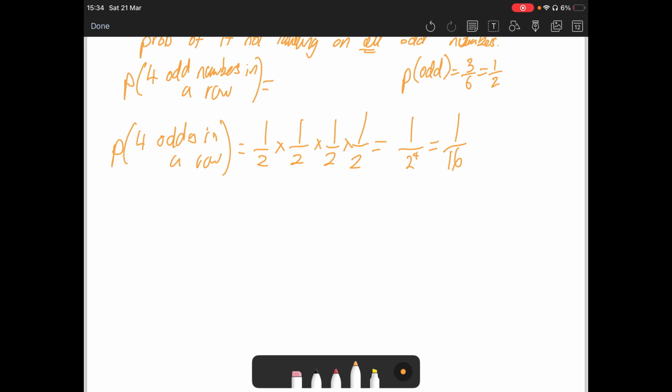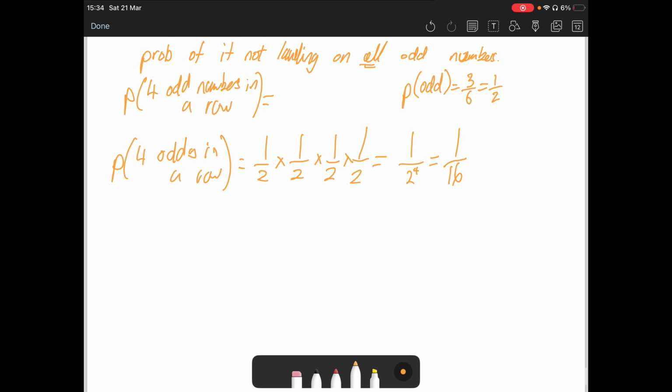So the probability of getting at least 1 even is equal to, well, look, you're certain, you're almost certain that you'll get at least 1 even. Take away the probability you get 4 odds in a row.